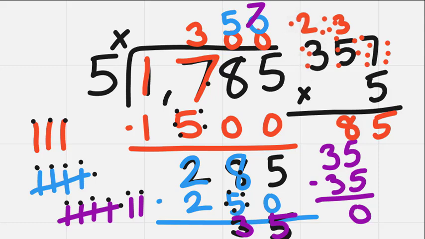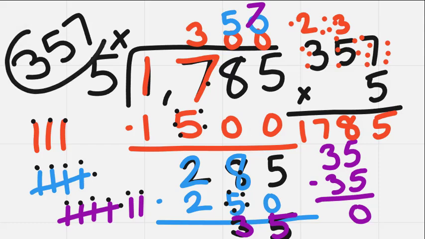Add 16, 17. 1,785 matches 1,785. That means that our answer of 357 is correct. 1,785 divided by 5 is 357. Well done. Be sure to check your work.